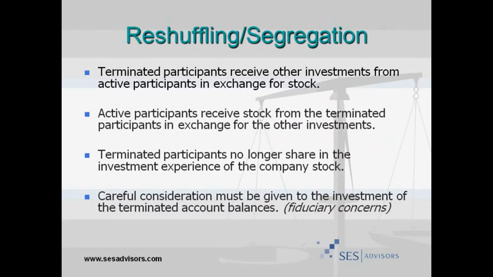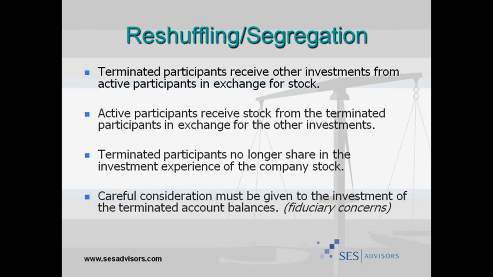So to recap, the terminated participants are receiving other investments, and they receive these investments typically from active participants. It's cash that you have contributed or earnings on cash from prior periods. Might be dividends or earnings distributions, but cash from active participants in exchange for stock in their account. The active participants receive the flip side of that coin.